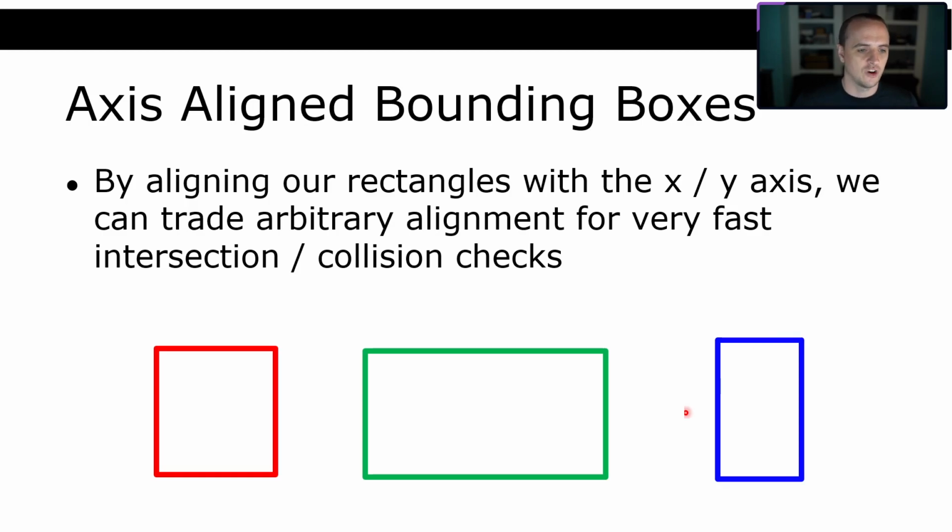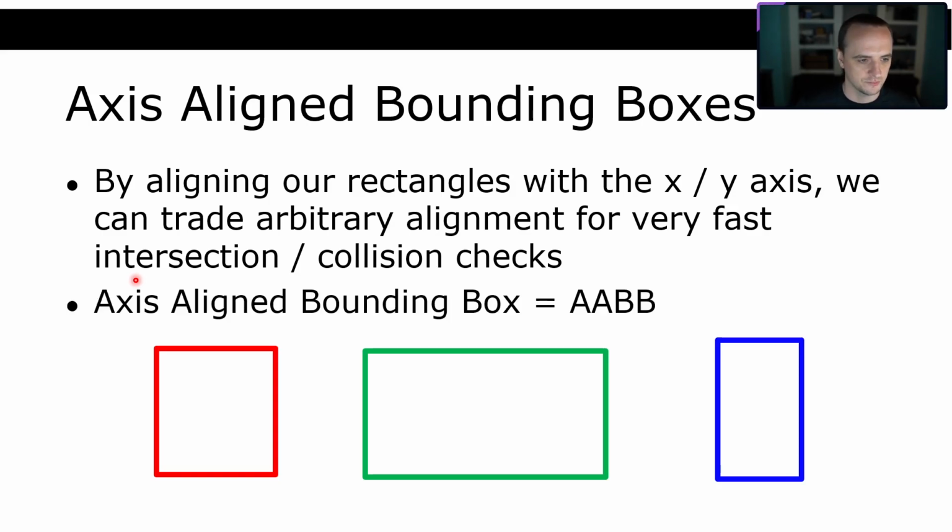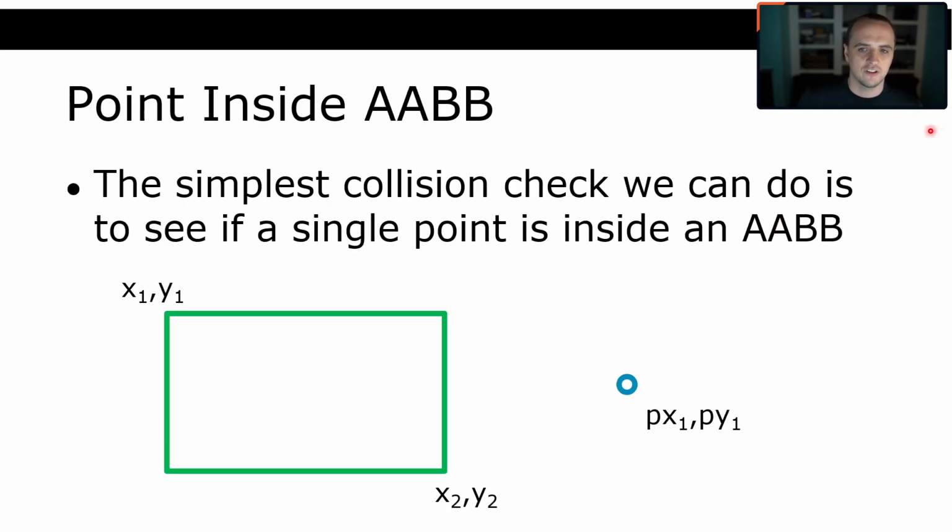If we align all of our bounding boxes with the XY axis, so all the sides are straight up or straight across, then we can have really nice intersection and collision checks for those shapes. And so, of course, an axis aligned bounding box is an AABB. So let's look at some axis aligned bounding box checks.